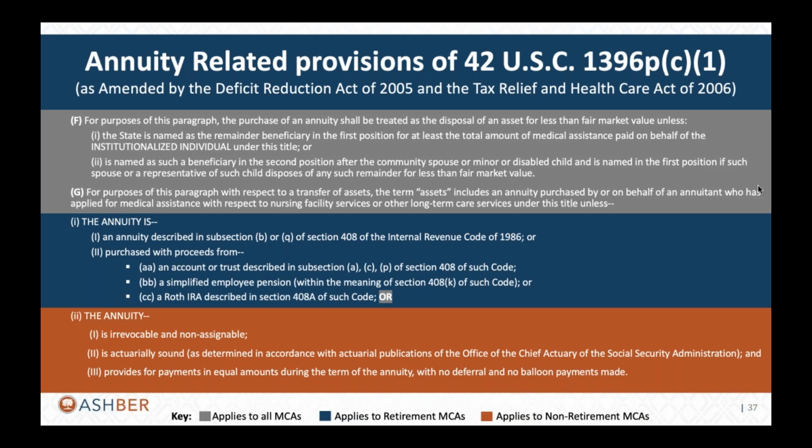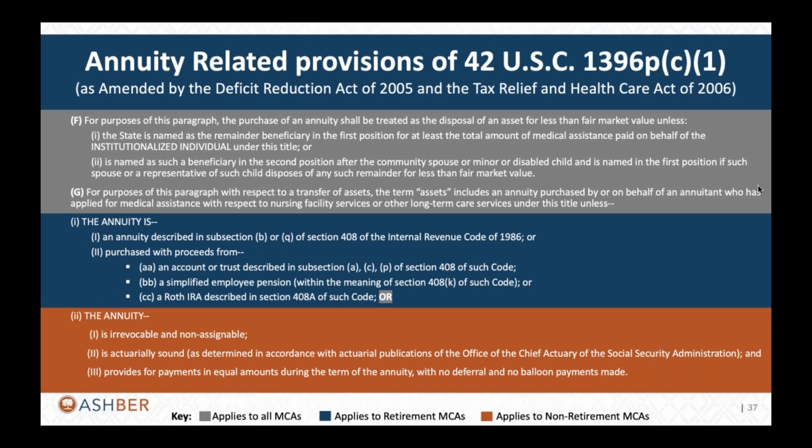On your screen here, you're seeing text that is highlighted in gray, and this is the requirement that the state must be listed as a primary beneficiary on all immediate annuities that were purchased after the Deficit Reduction Act took place in your state. So this applies to immediate annuities that were purchased with both IRA dollars or pre-tax dollars, as well as annuities that are purchased with after-tax dollars.